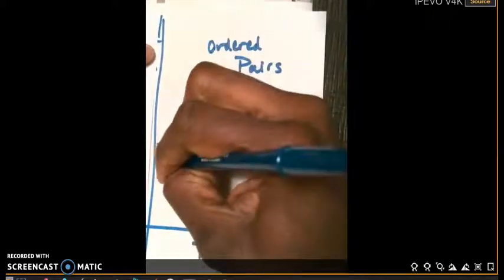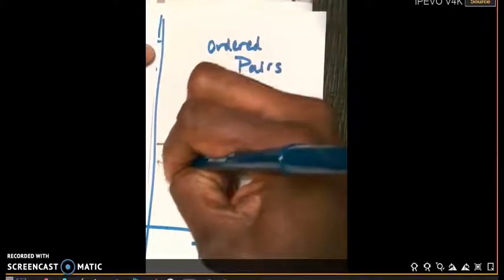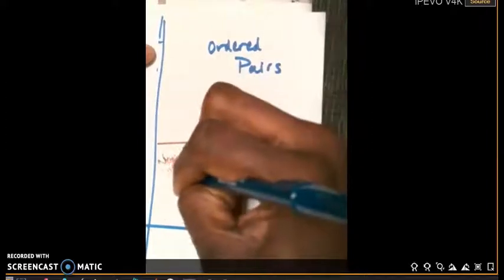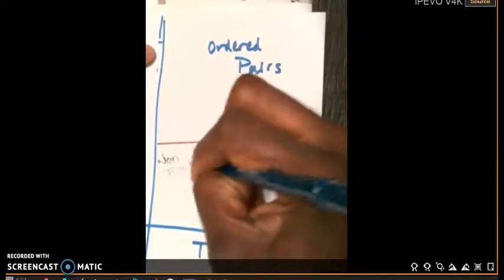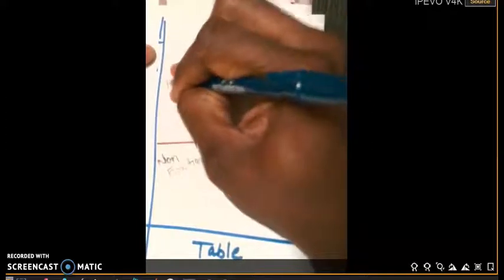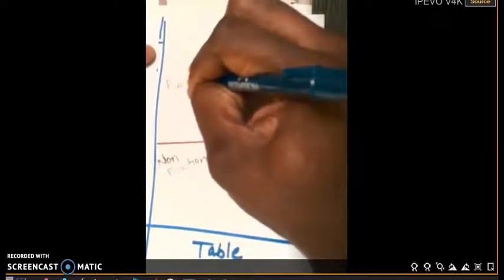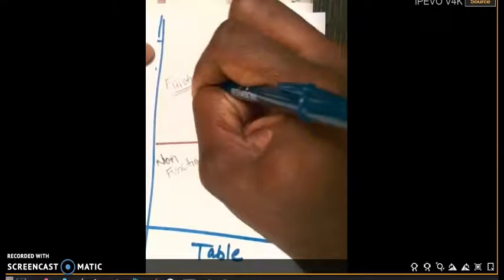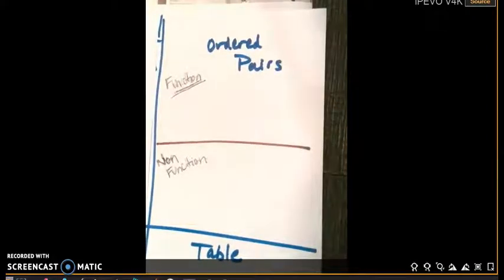I am going to be tracing over this with a pen so you can see a little better. So, function and non-function.